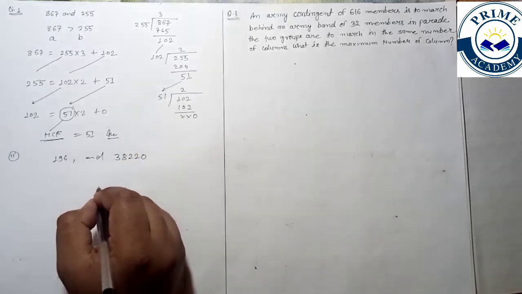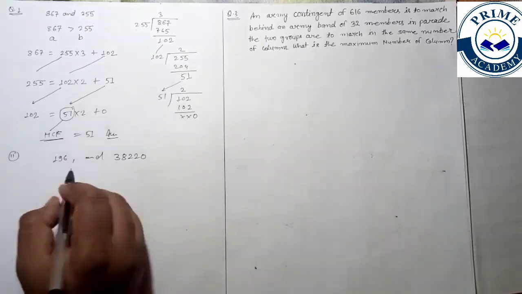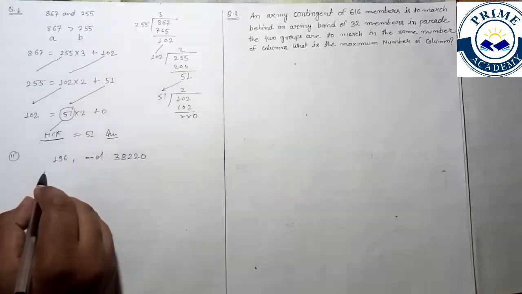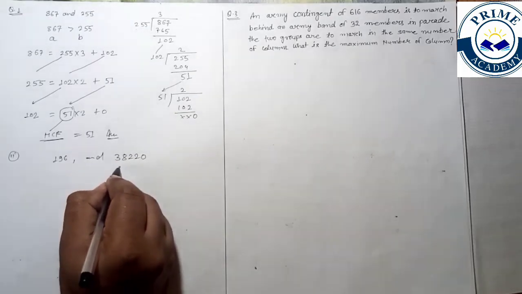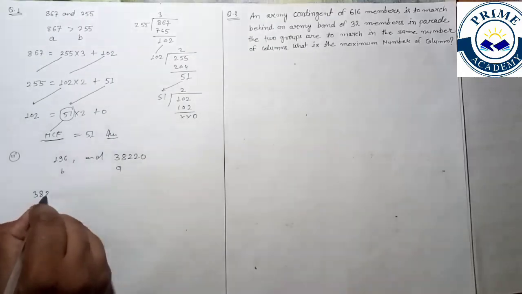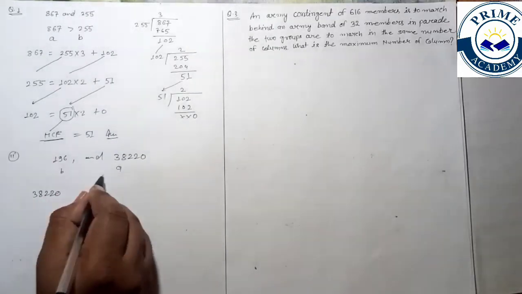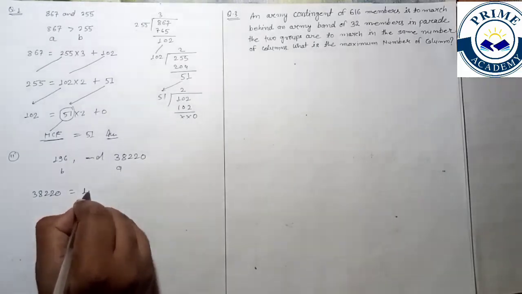Now we have to calculate the HCF of these. So you just apply Euclid division lemma. This should be A, this should be B, so I can write 38220. Always remember A should be greater than B, so B is 196.